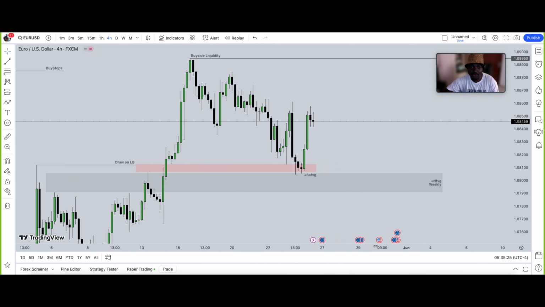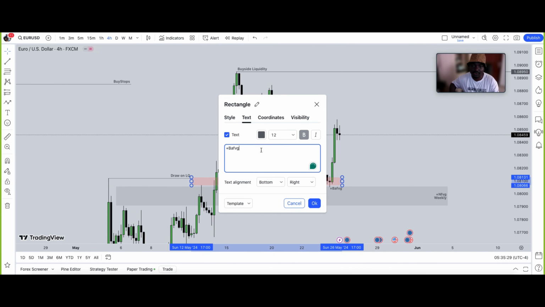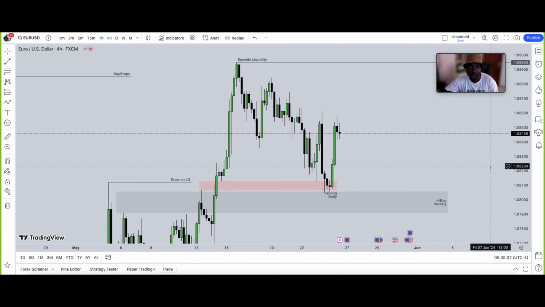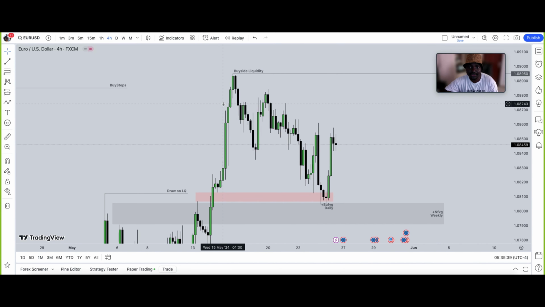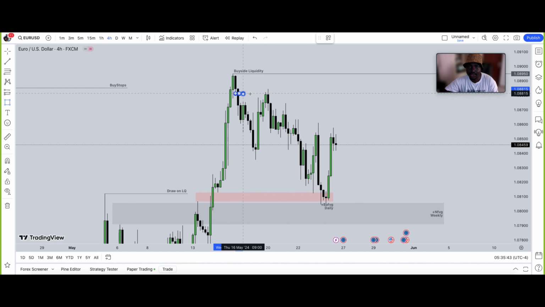Now, when I look at the 4-hour time frame, what do I see? So the daily fair value gap, this one was the daily fair value gap, was respected at this point here. And right now, I want to basically understand what is happening. So clearly, price has been respecting these lows as we go lower. There was a low here.